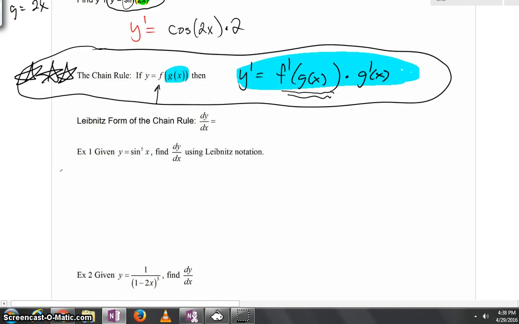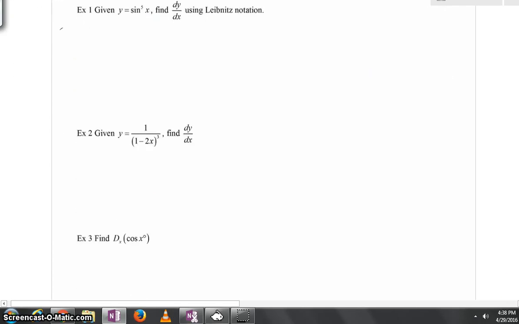We're going to skip number 1 for the moment and come down to number 2. At first glance, as we look at this problem, it is very tempting to think we must use the quotient rule. That being said, if we were to raise 1 minus 2x to the top, our new power would be negative 3.